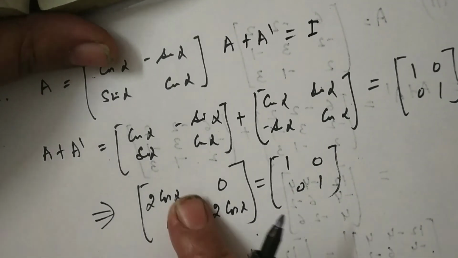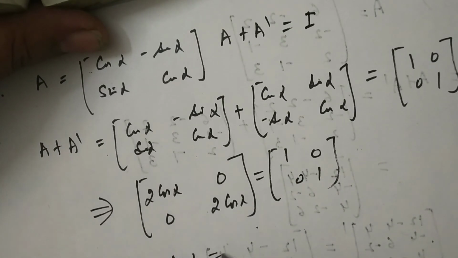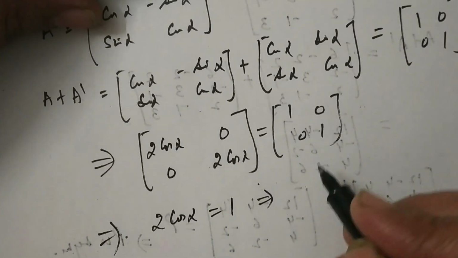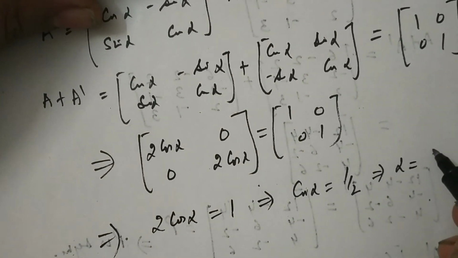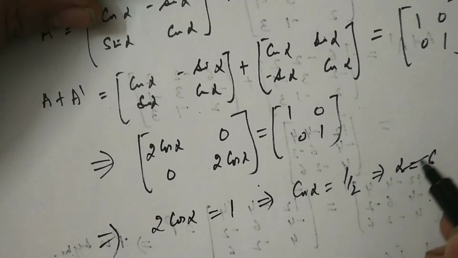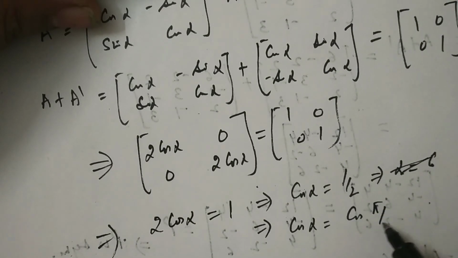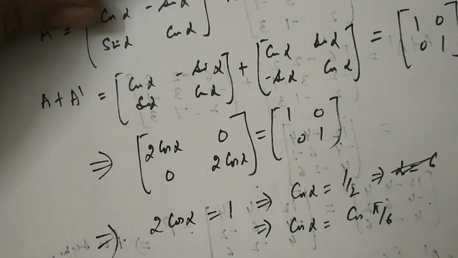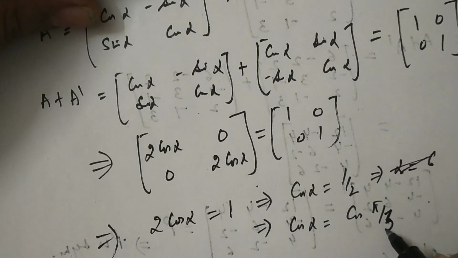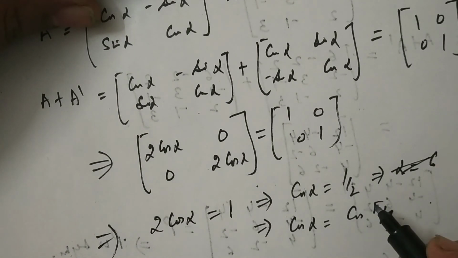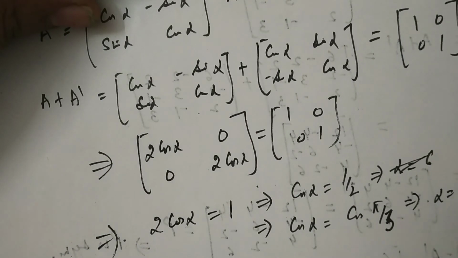Comparing the corresponding elements, I get 2 cos alpha equal to 1, which gives me cos alpha equal to half. This implies cos alpha equals cos of pi by 3, that means alpha equals pi by 3.